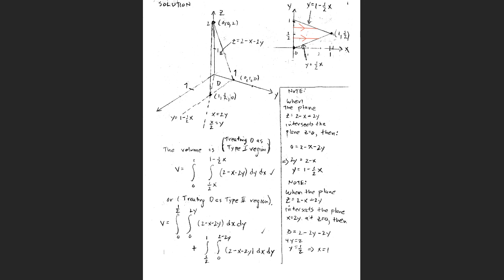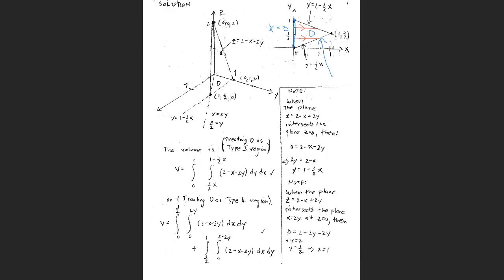hold on, it's region D. If you treat the region D as a type 2 region, the function on the left is always going to be x equals 0. That's this function right here on the left.